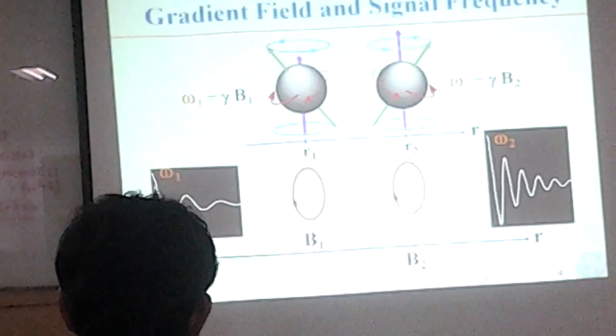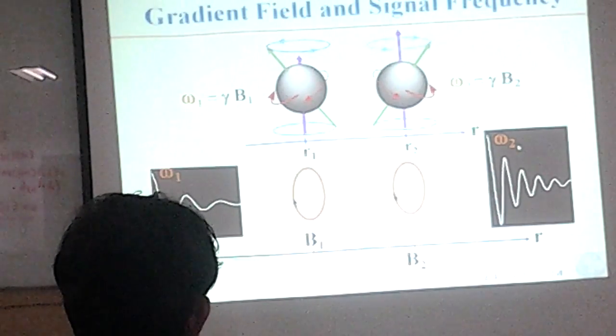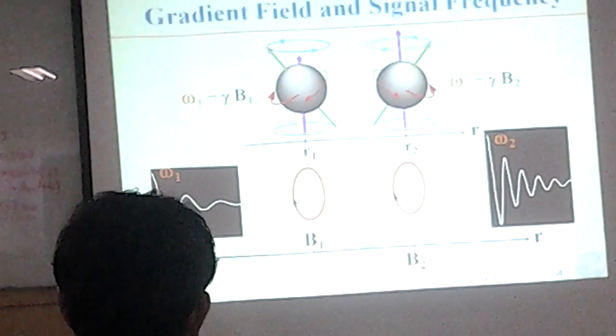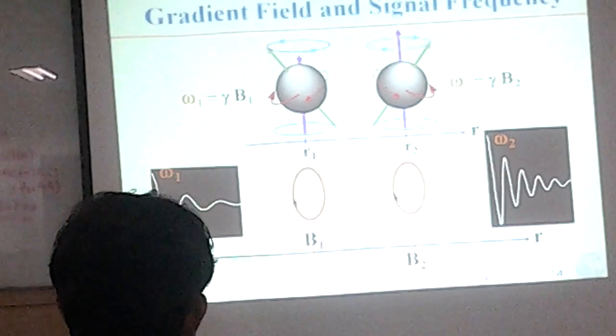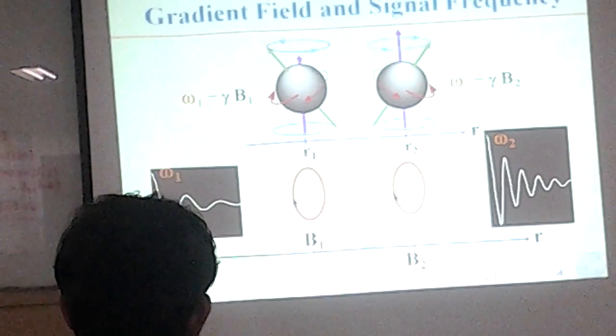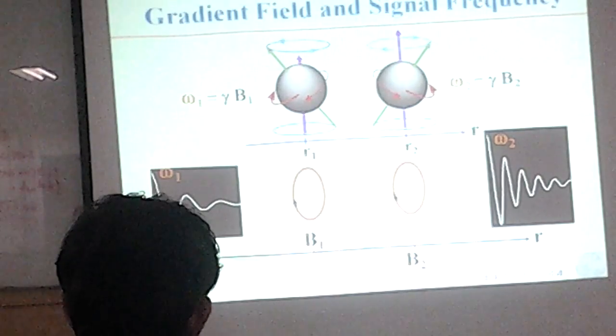So this signal comes from this nucleus with the frequency omega 1. This signal comes from this nucleus with frequency omega 2. So the two signals have different frequencies, and the frequencies correspond to the locations R1 and R2. This is the role of the gradient field.